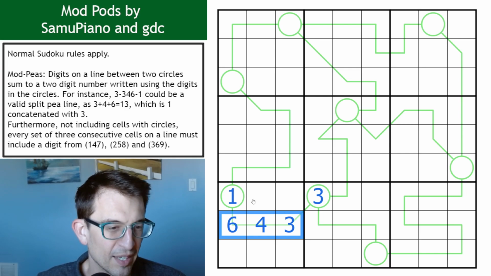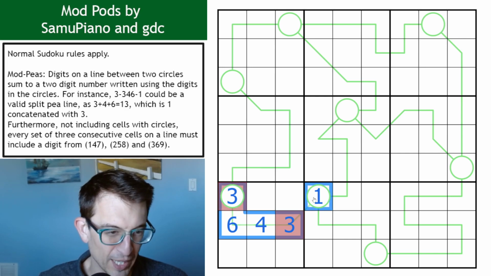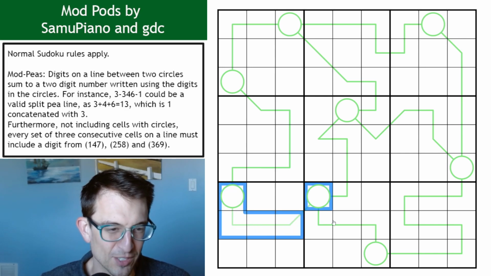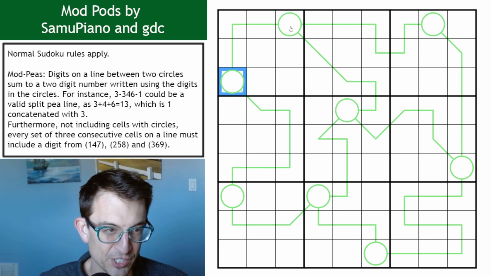So that works. By the split P rule, I could do it this way with the 3 over here and the 1 over here, even though that looks like 31. The order doesn't matter on the circles. I can't do it by Sudoku here. The conflict checker is telling me that's no good. But I can do the concatenation of these two digits in any order, and that will still work.